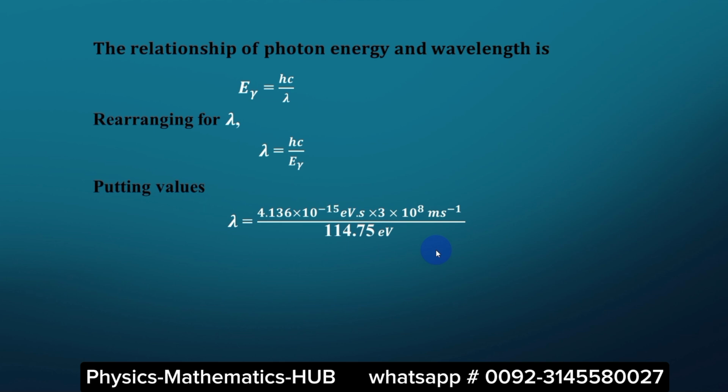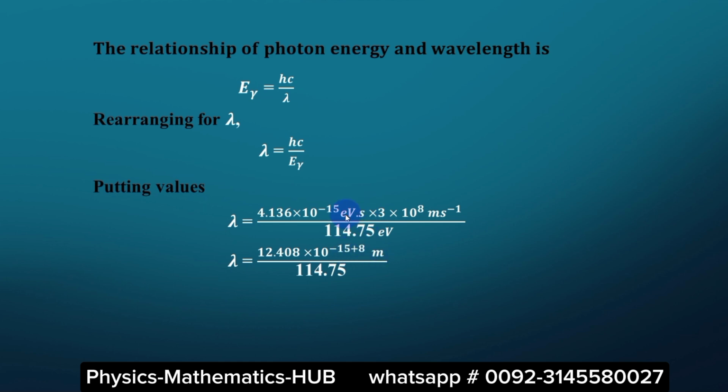Plugging the values, we get lambda is equal to 4.136 multiplied by 10 to the power minus 15 electron volt second, which is the value of Planck constant, 3 multiplied by 10 to the power 8 meter per second, which is the speed of light, and 114.75 electron volt is the energy of photon. Here we multiply 4.136 by 3, so we get 12.408 multiplied by 10 to the power minus 15 plus 8 meters.